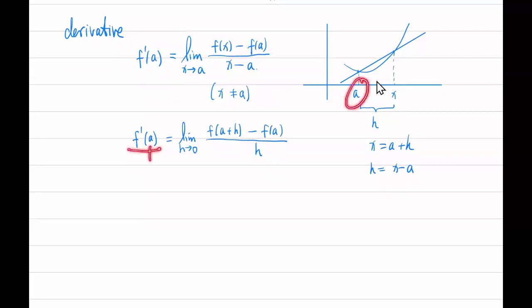What if we let this change? If we let A change, now it becomes a function. We call it the derivative function.